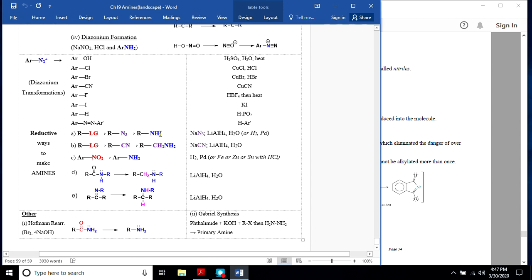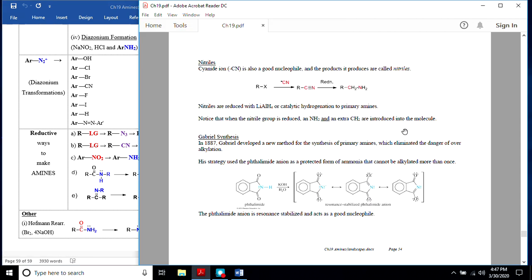Azide puts an NH2 where the leaving group was. The cyanide method puts a CH2NH2 where the leaving group was. So that's important when you're thinking about number of carbons in your product compared to number of carbons in your starting material. So those are similar routes, but they are not interchangeable. One introduces NH2, the other introduces CH2NH2.